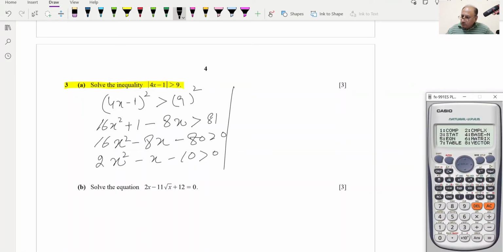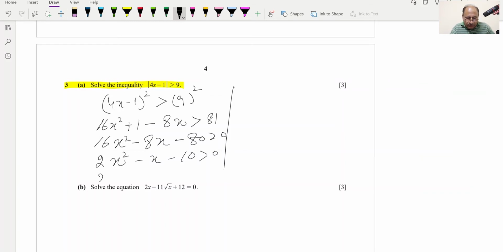For factorization, mode 5 3, and coefficient of x square is 2, coefficient of x is -1, and constant value is -10, and this will be equal to 5 by 2 and -2. So we can write x plus 2 and 2x minus 5 by using the points which we got from the calculator, and we can write this implies x, and this is greater than 0.